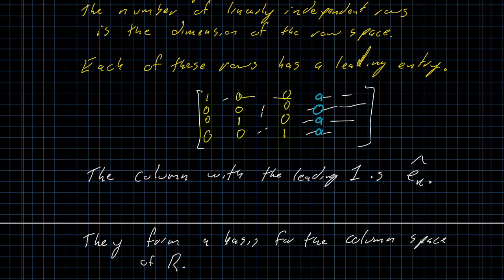So every other column can be written as a linear combination of these just because that's how it has to fall in, right? The reason that we call the standard unit vectors the standard basis is because any other vector can be written as a linear combination of them. Ones are really easy for that.